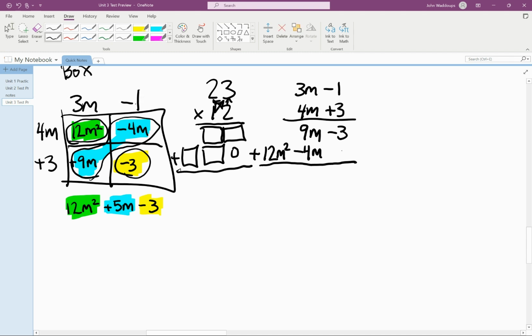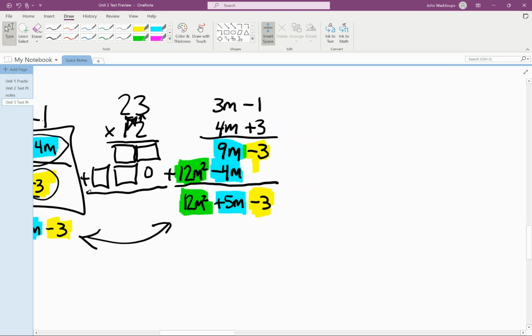Because I've done it this way, you can see which ones are like terms. There's nothing with the 3, so that just stays the same. There's nothing here with that 12m squared, so that is also just going to be the same. And so my answer here would be 12m squared plus 5m minus 3. Same, right?